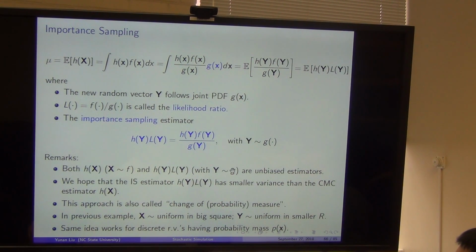In the previous example, the dart should be uniform in a big square. We change the measure so that our new dart is only uniform in a smaller rectangle and zero elsewhere. We change the way random variables are distributed. The same idea works for discrete random variables having probability mass functions.